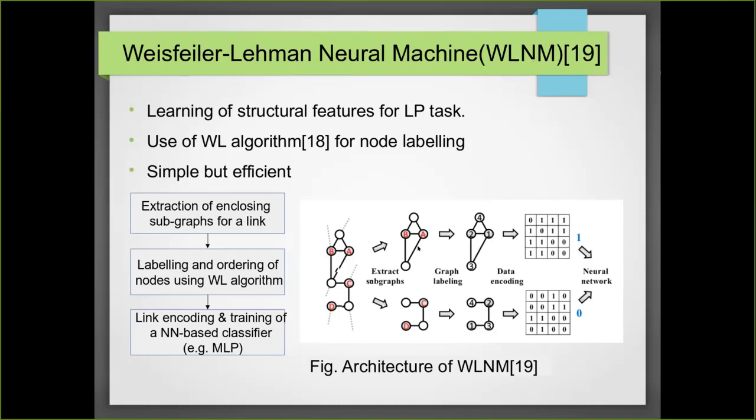Then it uses the Weisfeiler-Lehman node labeling algorithm to label the nodes of the subgraph, and then uses the adjacency matrix of the subgraph for generating the link encoding, and then feeds the link encoding into a neural network to classify it between two classes.